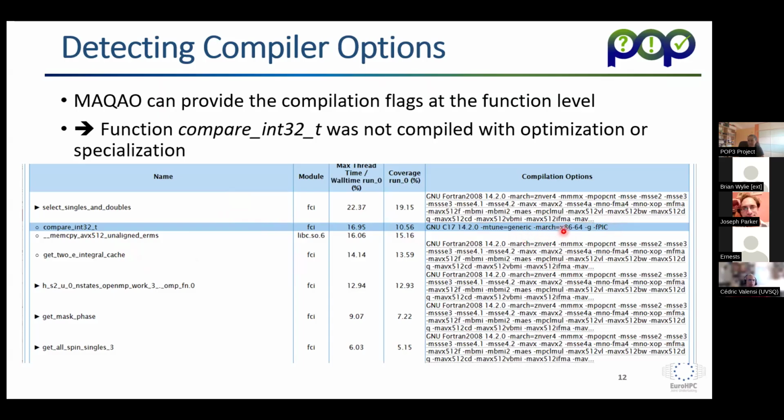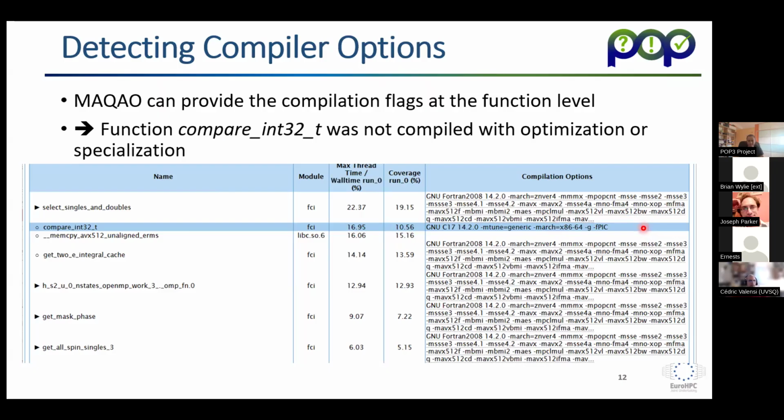In fact, it had only a generic specialization flag. So the compiler was not able to perform any optimization on that particular function. After that, we could provide this information and the compilation process could be updated so that this function, which was taking nearly 10% of the execution time, could properly be optimized.